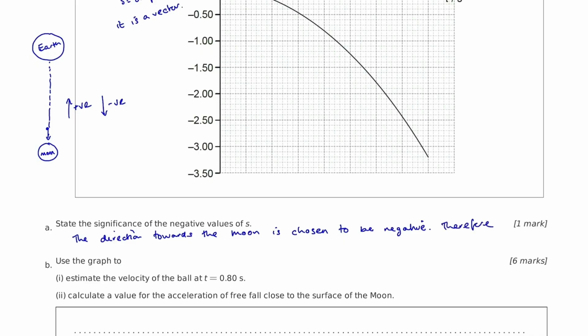Therefore, a ball falling towards the moon will have negative displacement.